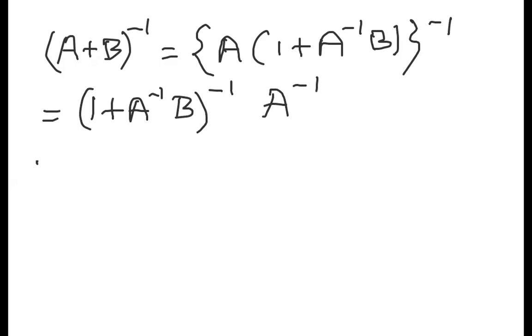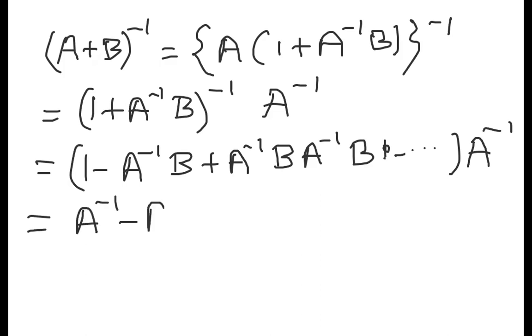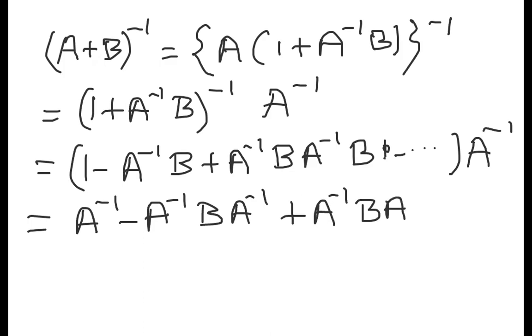And now if B is small, which is the case here, B is like R sigma, we can expand this out as 1 minus A inverse B, the usual Taylor series expansion, plus A inverse B, A inverse B, and so on, times A inverse. So which at the end gives you A inverse minus A inverse B A inverse plus A inverse B A inverse B A inverse and so on.